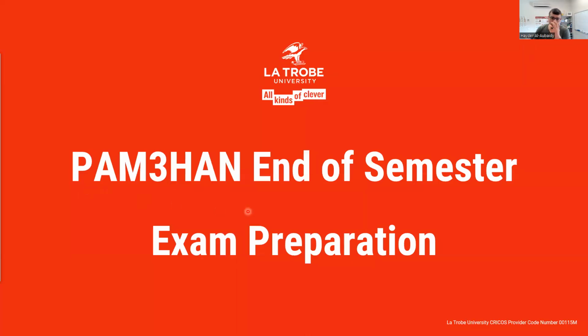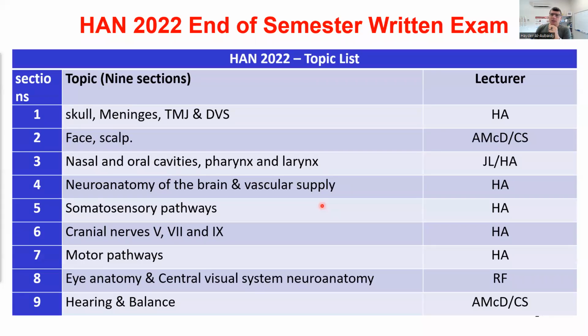This is about the end of semester exam preparation. The exam questions will be based on the topics that we have done over the semester. You'll see here that I've listed all the main topics with the relevant lecturer.